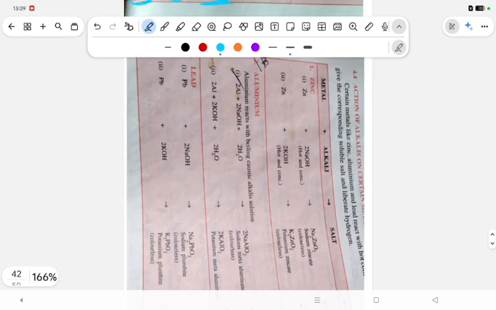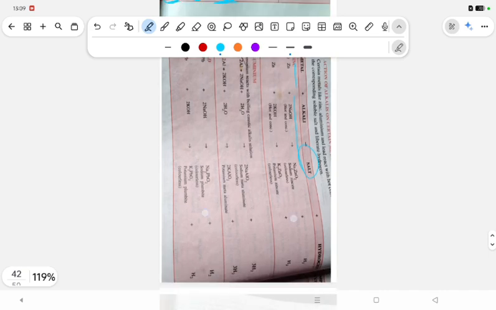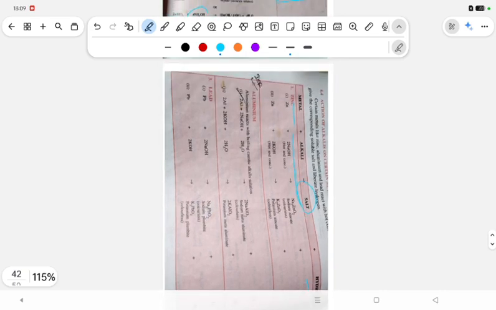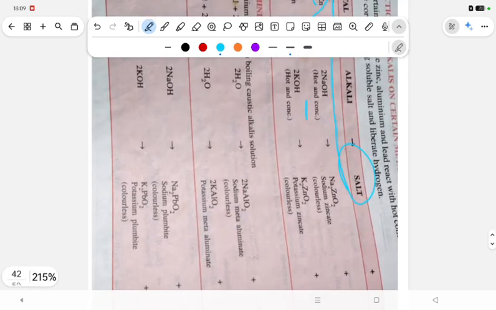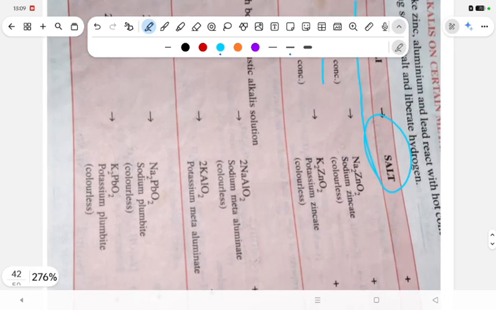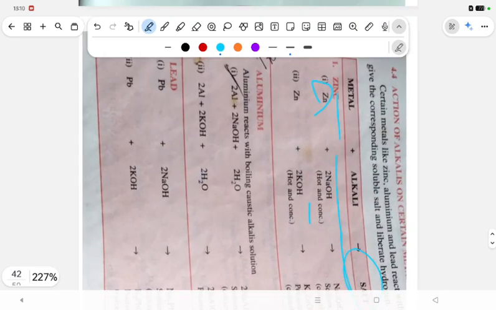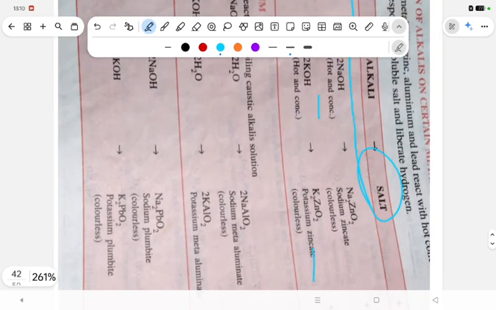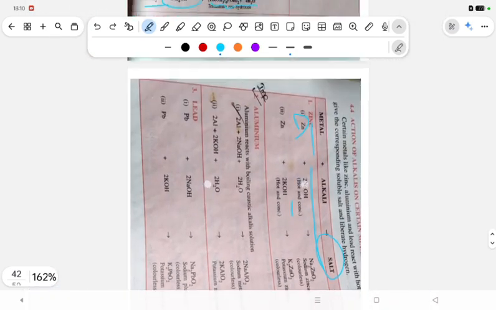Metal plus alkali give rise to salt and hydrogen. So Zn plus NaOH, hot and concentrated, will form sodium zincate plus H2. Zn plus KOH, hot and concentrated, will form potassium zincate plus H2. These all are colorless.